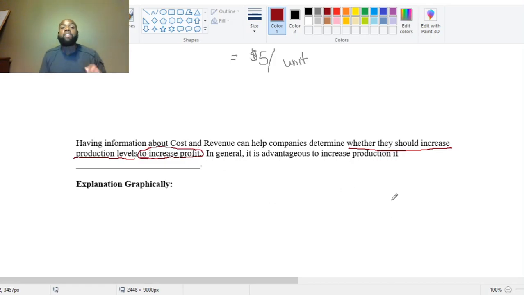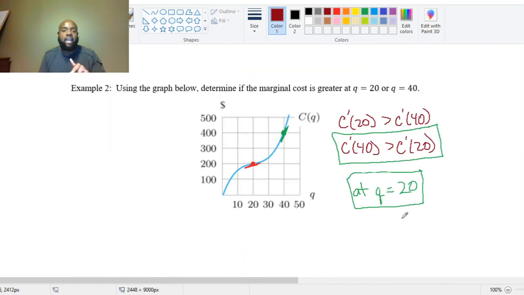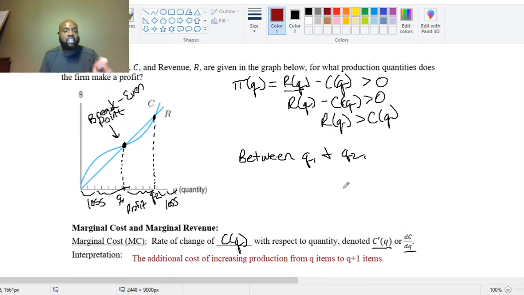All right. Now, if I go back to that picture in this example 1 here, we know that if our company is at a loss and our costs are outweighing our revenue, we should always increase production to get beyond the break-even point, right? So however many items is in this area here where we're still at a loss because we had our fixed costs that we got compensated for, we always need to increase our production here.